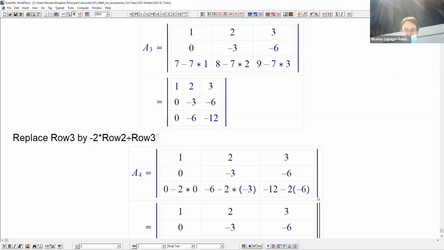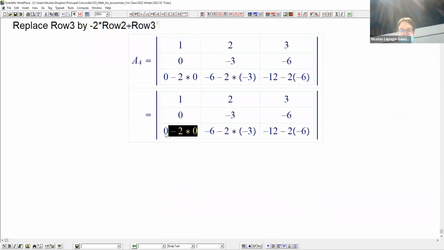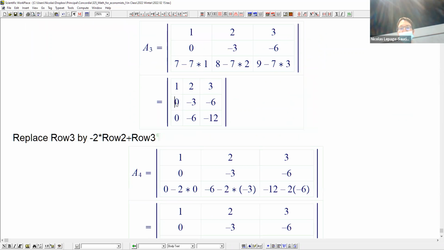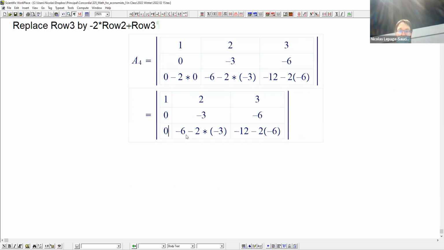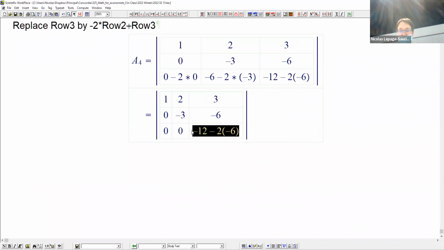I get 0. So that's why we had to deal with this row before that one, because now we don't mess up the work that we did before. Since this is a 0, we can multiply it by anything. It's still a 0. So here we have 0. Here we have 0 by design. And here we have minus 12 plus 12, so we have 0 again.